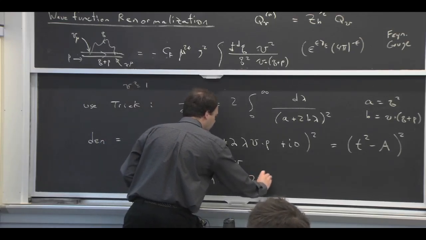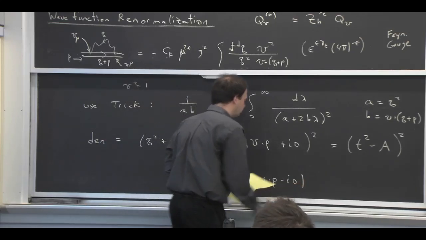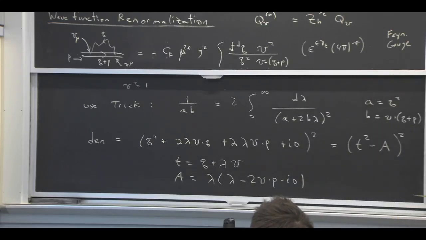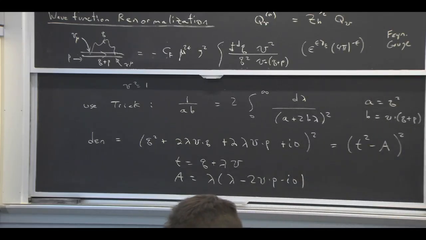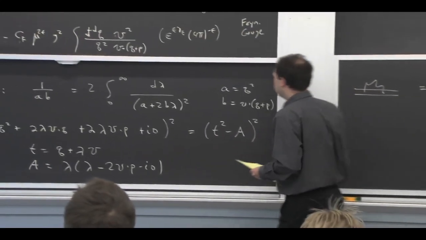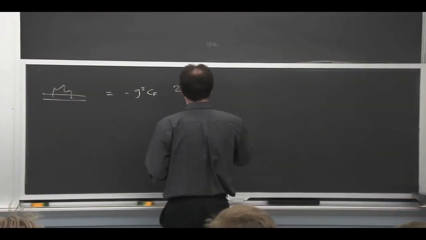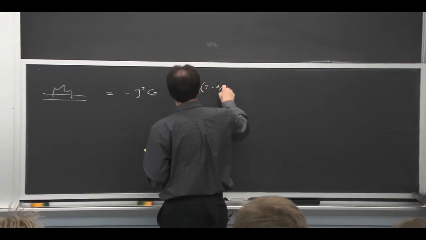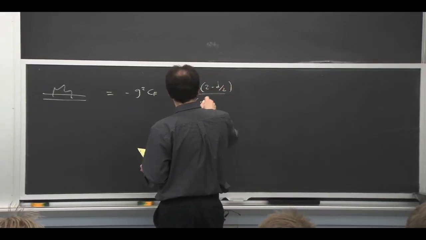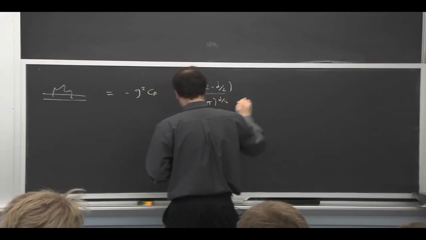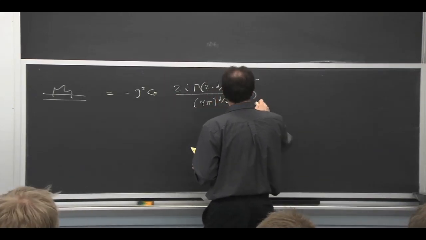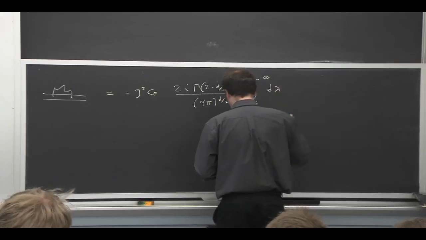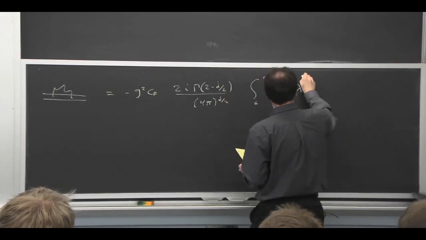It's the rest of the stuff, which is this. OK, so then this guy. Now we just have a usual quadratic integral that we can use the standard rules to do. And then instead of an integral over x, we have this integral over lambda.